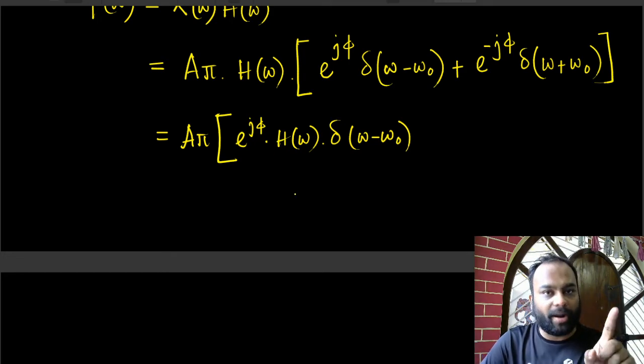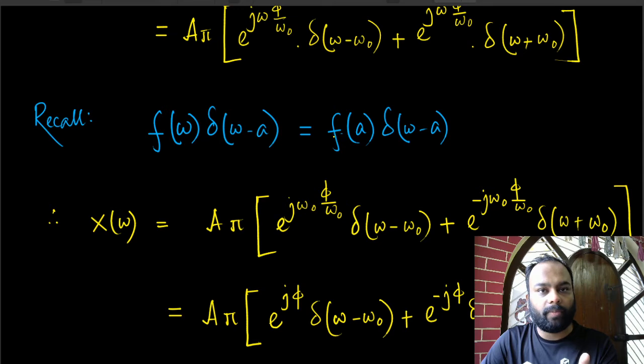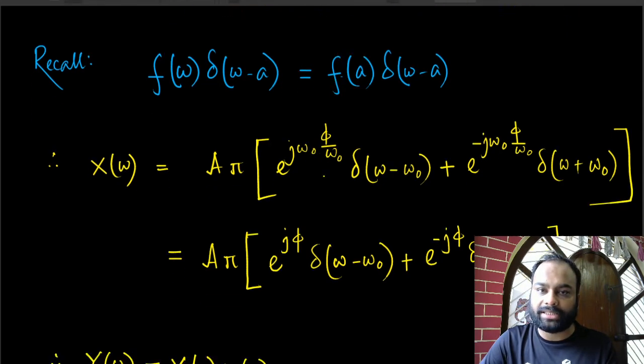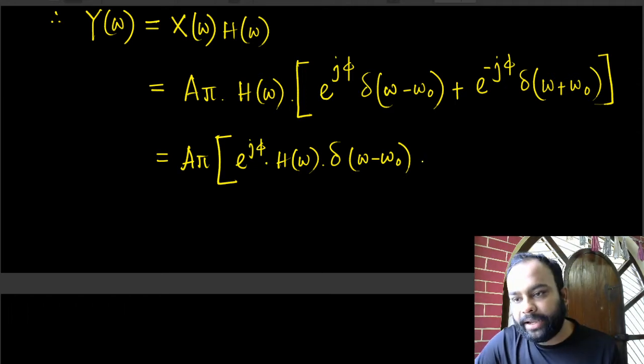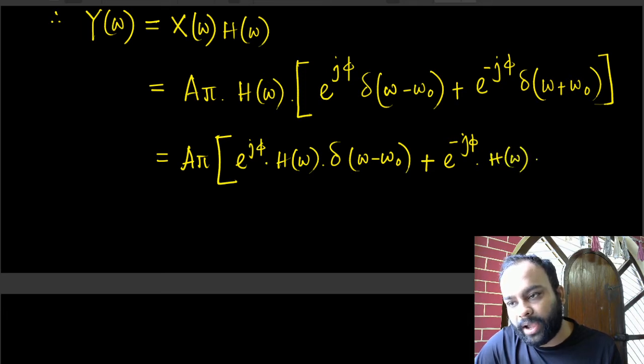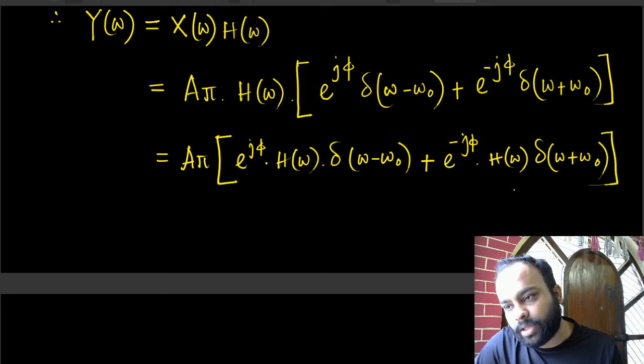So of course that property that I told you moments ago and we proved in the last class will again be applicable here. And similarly I have a plus e to the power minus j phi into H omega into delta omega plus omega naught, and as such.